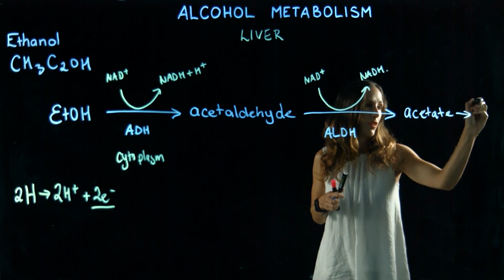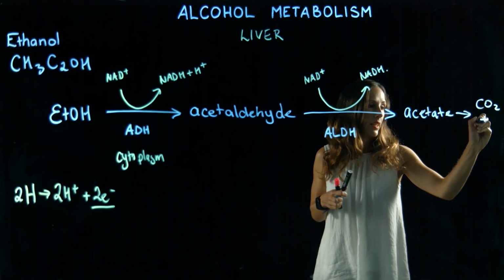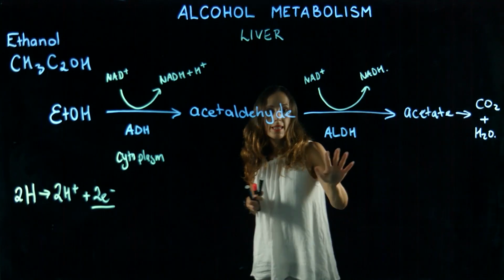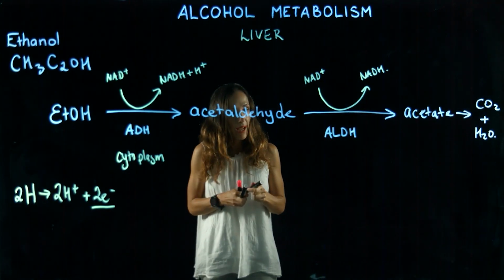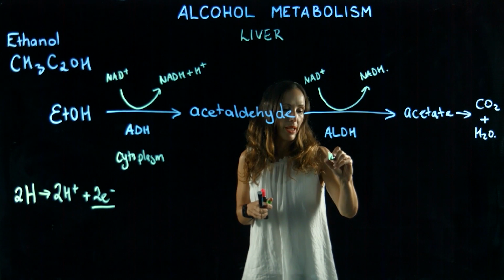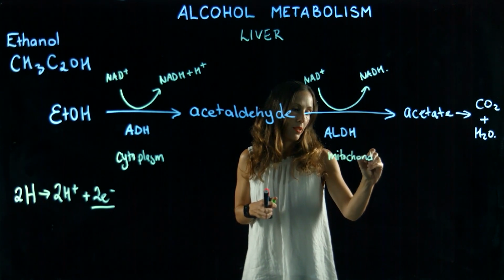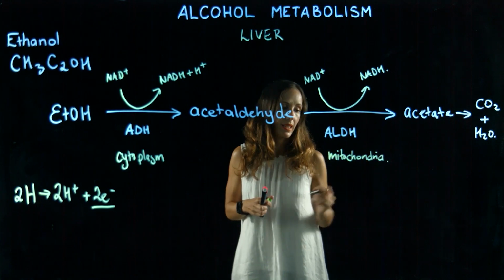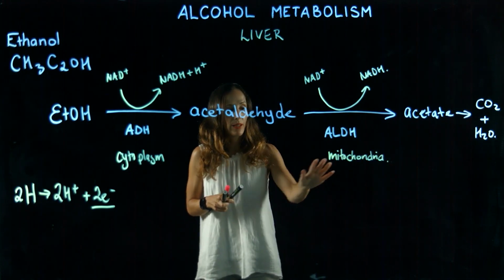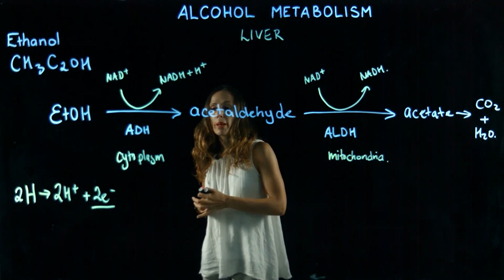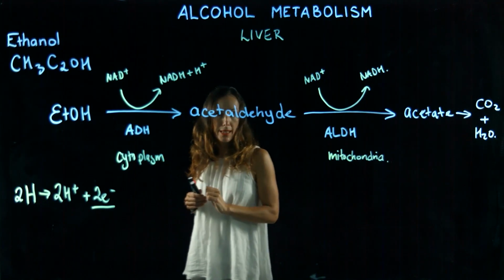And this can be further used to give us carbon dioxide and water. So this is our second enzyme, and this reaction mainly occurs in the mitochondria. In eukaryotic cells and in human cells, we have these organelles, mitochondria, where this is occurring. So we'd have two enzymes that carry this out.